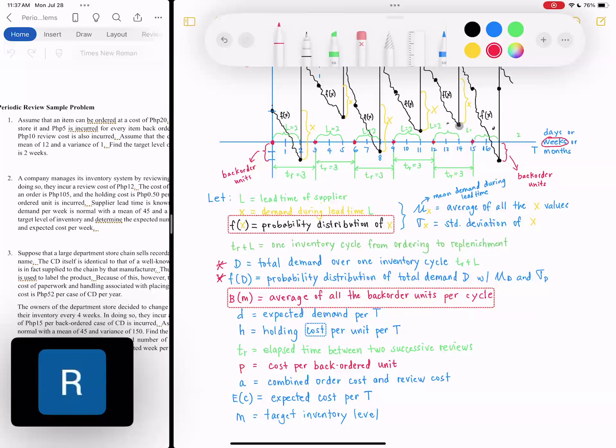To summarize, whenever you review your inventory, you go to the warehouse, you take a physical count of your inventory in that cycle. And if you have many different products in your warehouse, then you can choose to do cycle counting, meaning you can choose, let's say, 10 different products for this particular cycle.